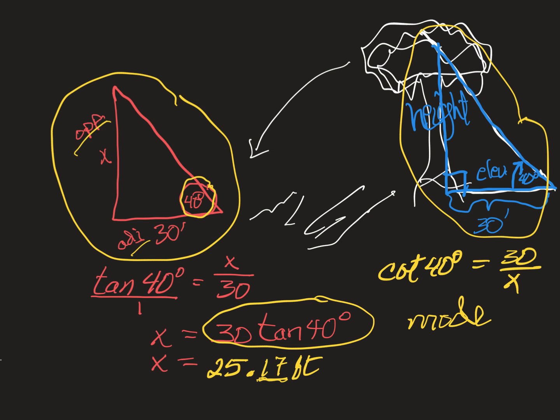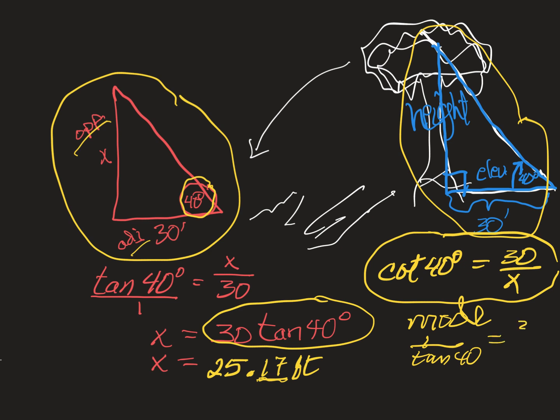The answer is no. It is not on the calculator. So if you were going to do it by cotangent, you have to remember that the cotangent is the reciprocal of tangent. So what you're really doing on this problem is 1 over tangent 40.